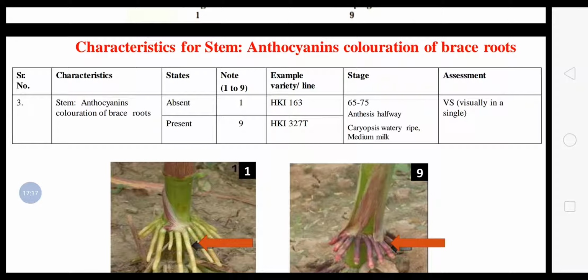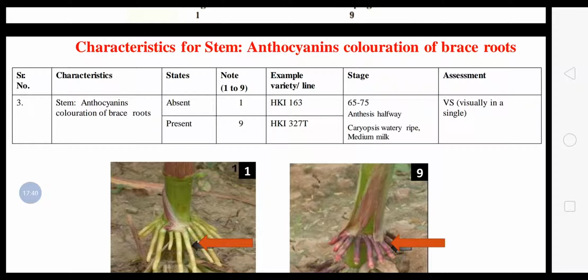There is also an assessment that varieties which have more resistant capacity to extreme winter conditions will have more anthocyanin pigmentation. So in the slide you can see the second photograph has more anthocyanin pigmentation on the brace roots.